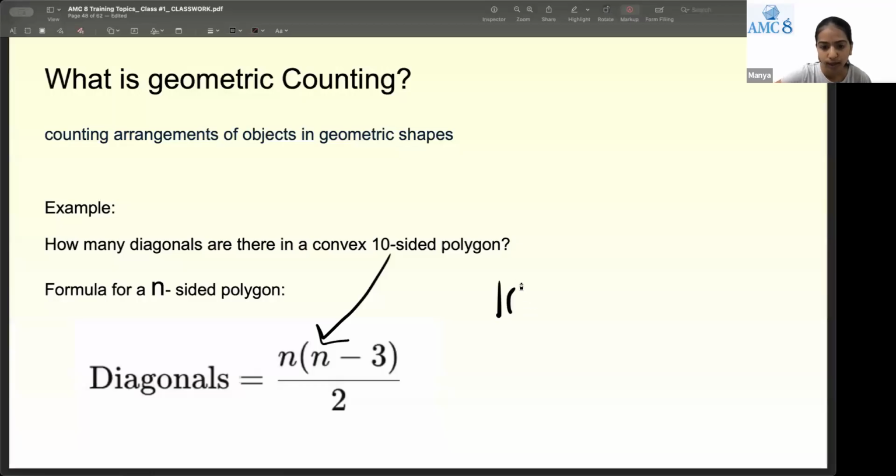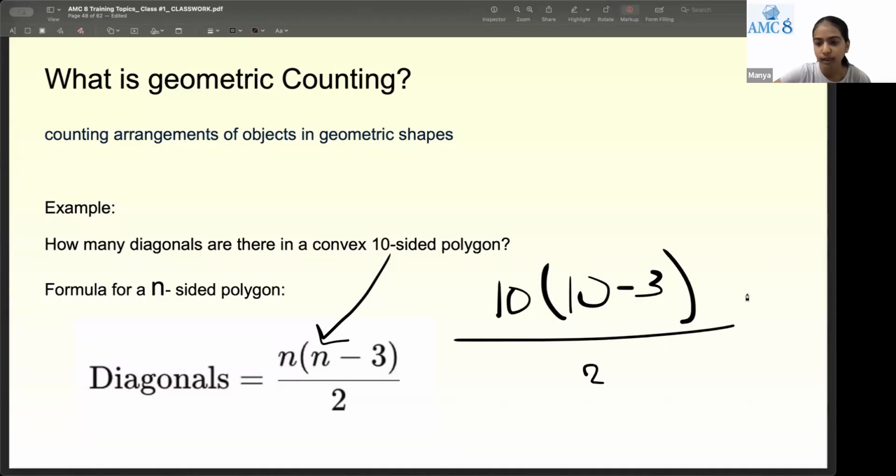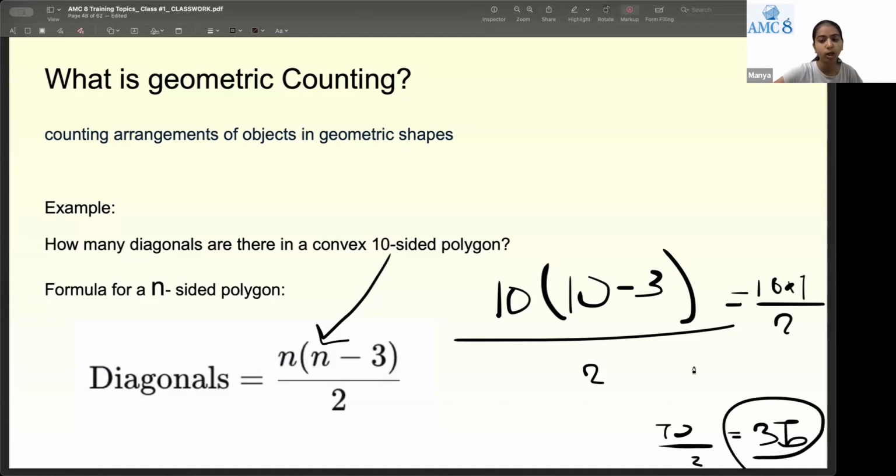So 10 times 10 minus 3 by 2, which is equal to 10 times 7 by 2, which is 70 by 2, which is equal to 35. So there are 35 diagonals on a convex 10-sided polygon.